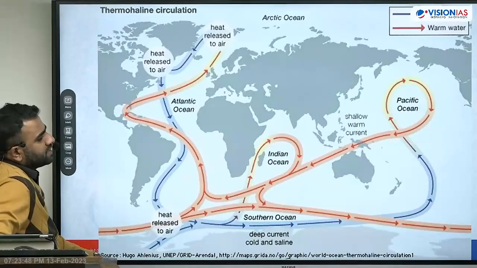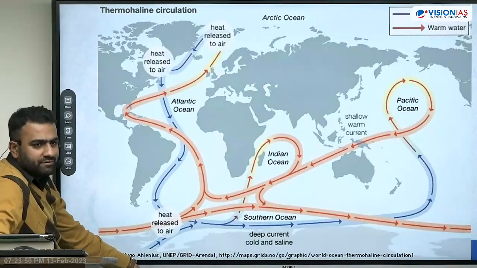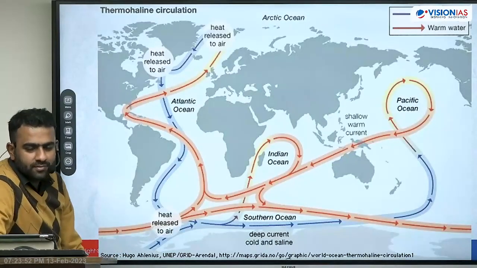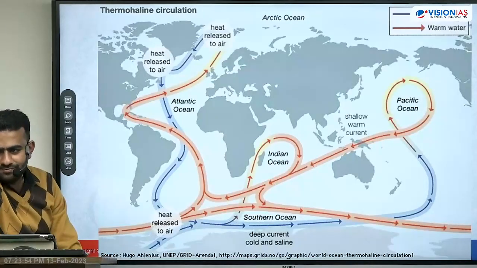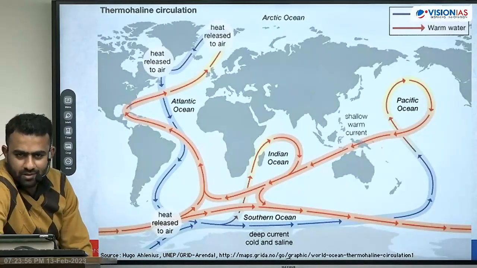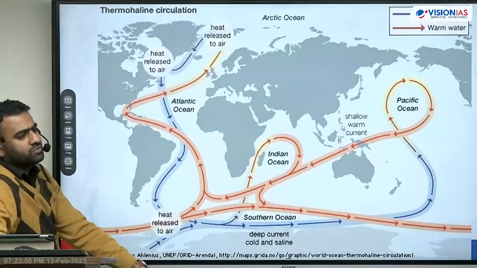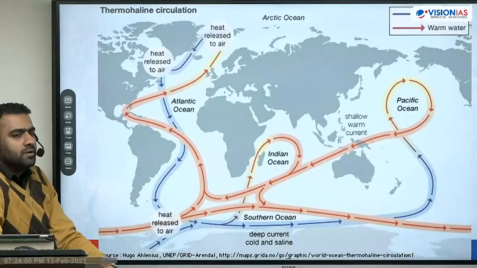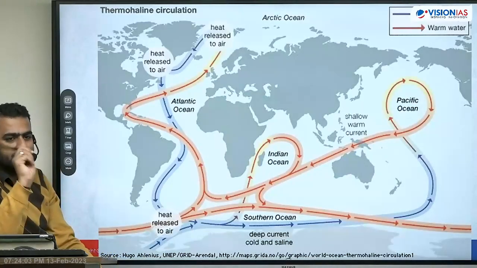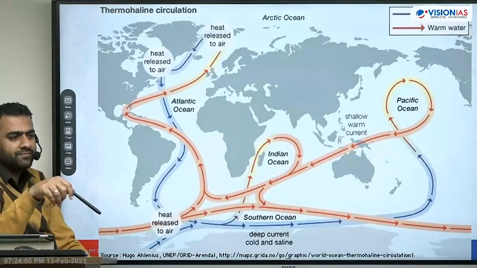The surface currents are majorly driven by winds. Here there are no winds. Winds तो होगा ही नहीं. Then what is causing these bottom currents to move? The differences in temperature and salinity.